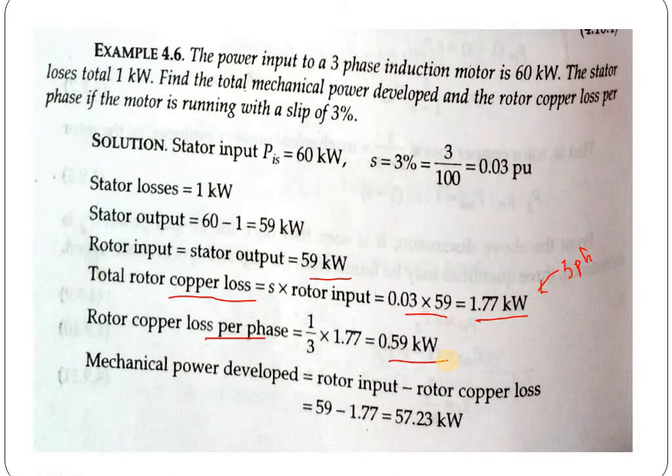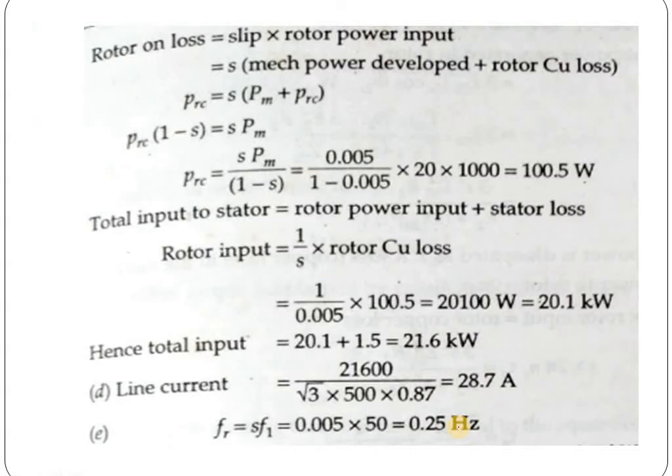Next one is mechanical power developed. Mechanical power developed will be rotor input minus rotor copper loss, and that will be our mechanical power developed, which is 57.23 kilowatt. Okay. Now rotor copper loss is slip into rotor power input.